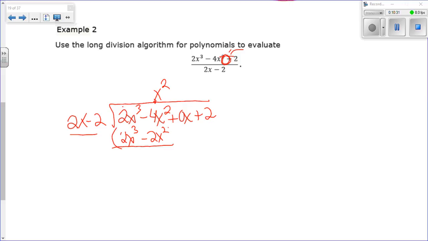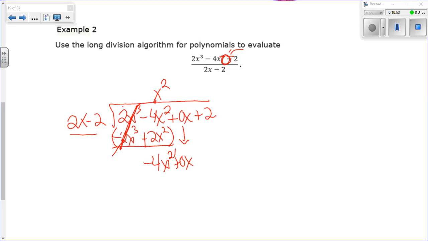Now I need to subtract everything. So subtract that. This subtraction then changes to an addition. So my 2x cubed cancel out. I have negative 4x squared plus 2x squared. Bring down 0x. And I ask myself, what do I have to multiply 2x by to get negative 2x?